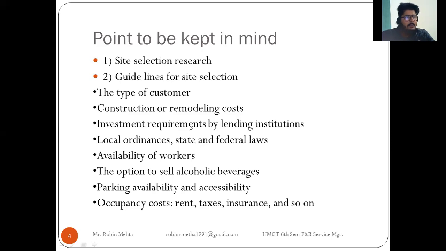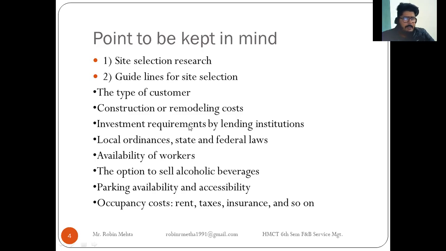But if we are running one outlet in our city and the next one we have to open in some other state or city, then we also have to know about the construction cost and remodeling cost. If we have to remodel or renovate that restaurant after 10 or 12 years, what will be the cost we have to pay for the remodeling process.